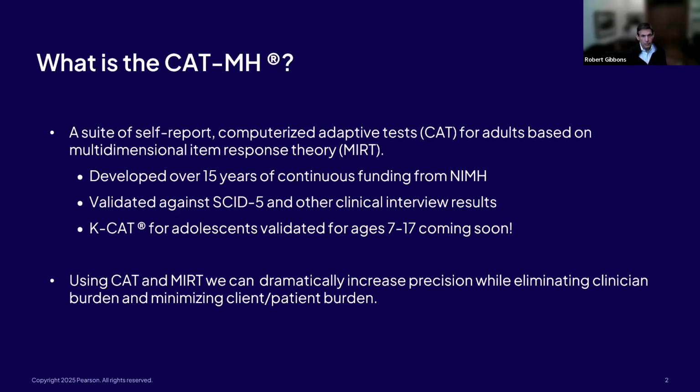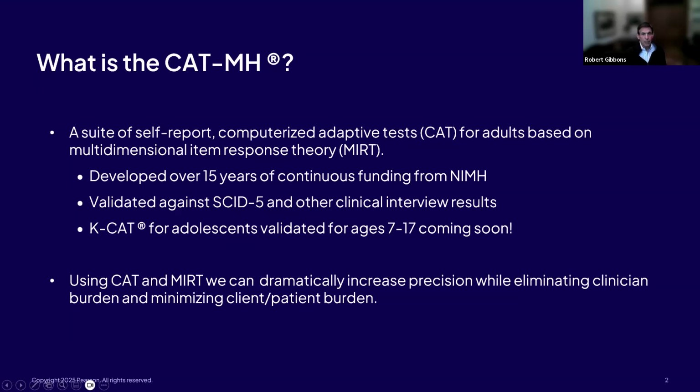It was developed over 15 years with continuous funding from the National Institute of Mental Health and other institutes like the National Institute of Aging, who funds much of our current work. All of the measures that we're going to be talking about were validated against structured clinical interviews, using the SCID-5 as an example for DSM-5 diagnoses.